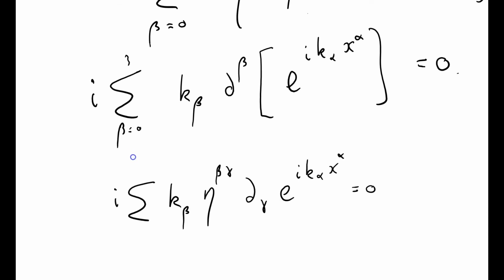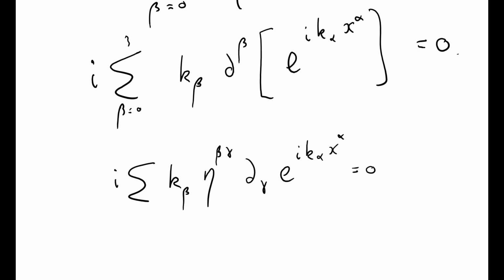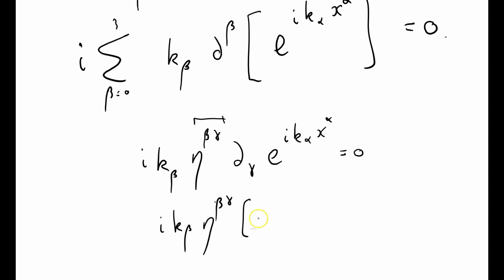Good grief. Yeah, I think that works. Okay, so this thing here is constant and it goes outside. No, it doesn't. I'm going to leave it exactly where it is. I'm going to get rid of that and rewrite my i there. So we've got i k beta gamma, and then here we've got the same thing.